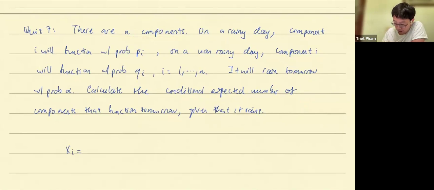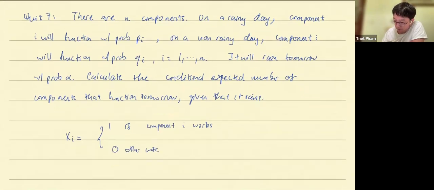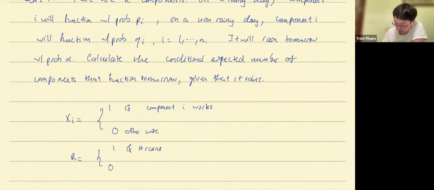Let xi be 1 if component i works, 0 otherwise. And then there's a random variable R that is 1 if it rains, 0 if not.